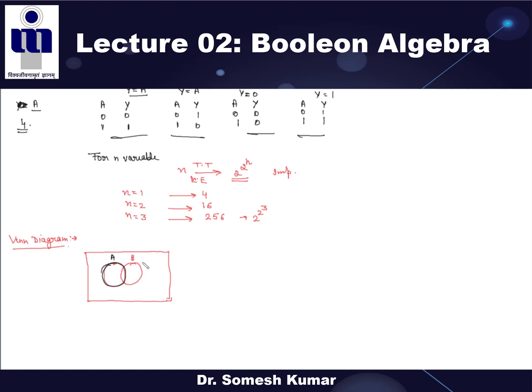So now here I am writing the truth table. In the Venn diagram, basically the unshaded area we are considering as 0, while the shaded area we are considering as 1.